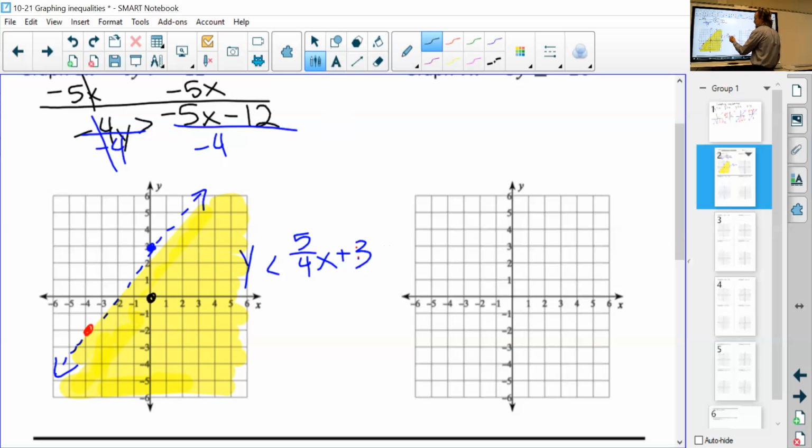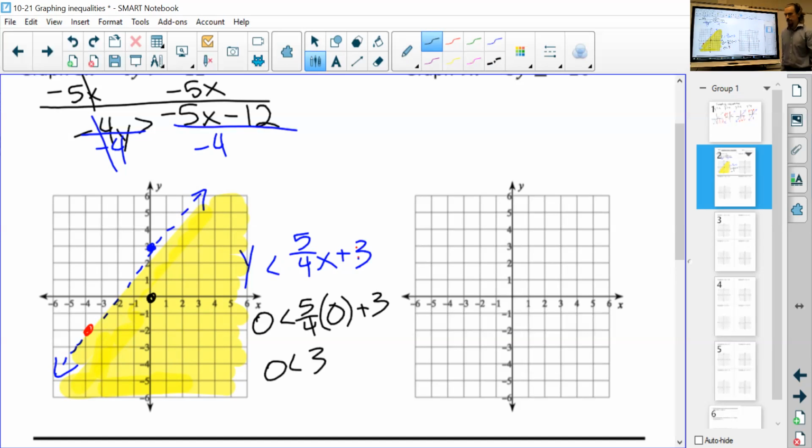If I replace x and y in my equation with 0, I have 0 is less than 5/4 times 0 plus 3. So all this cancels out, and I'm left with just 0 is less than 3. Is that true? Is 0 less than 3? Yes, it is, which means it has to be included in my graph.